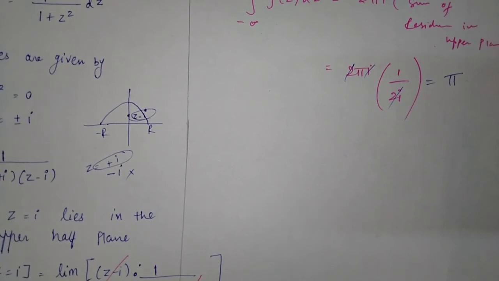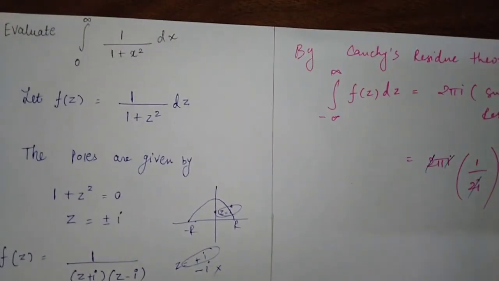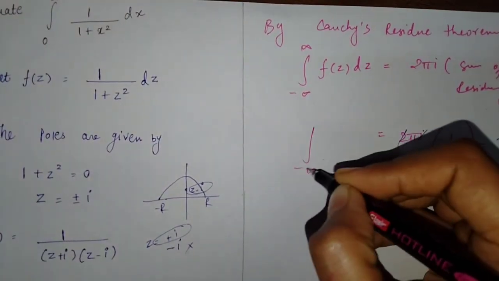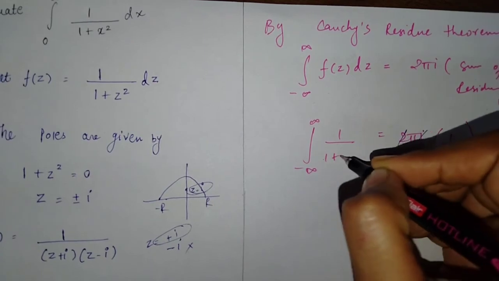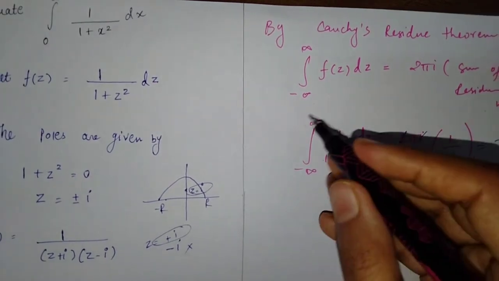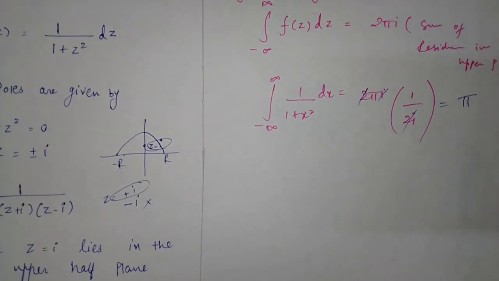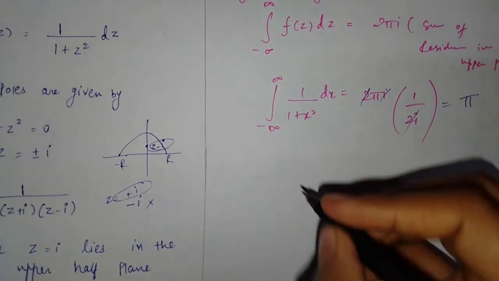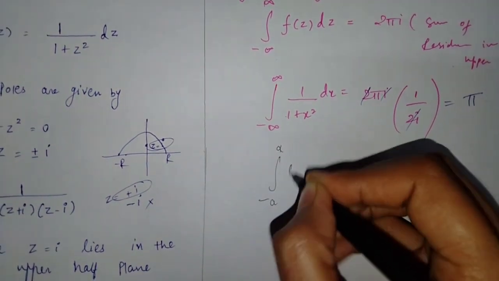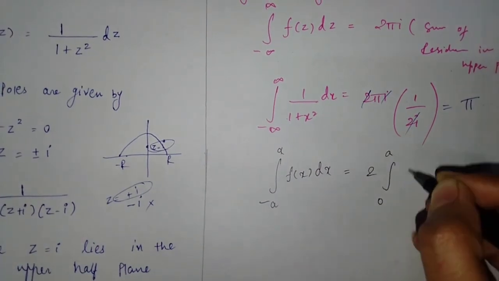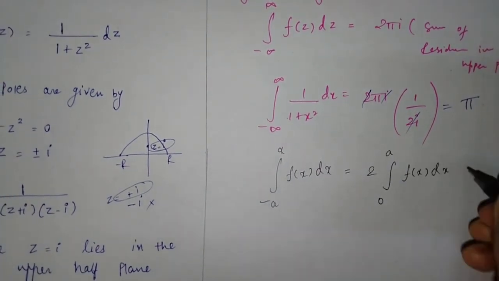But you can see that our question is in the form of 0 to infinity. The question is in the form of 0 to infinity, but we got the integral from minus infinity to infinity. So we have to convert this form into the 0 to infinity form. To convert into 0 to infinity we have the formula, that is the integral from minus a to a of f(x) dx equal to 2 into the integral from 0 to a of f(x) dx.